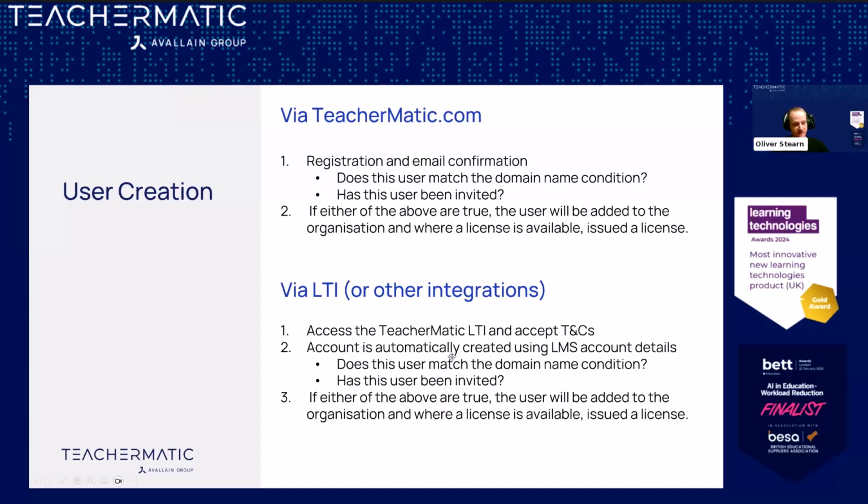And the process is very similar, no matter how users access TeacherMatic, whether via teachermatic.com or via one of our other integrations. Okay, I'm going to stop sharing the presentation and move over to TeacherMatic.